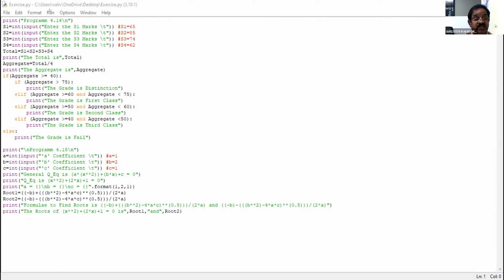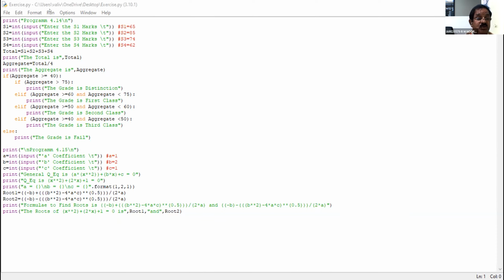So here there is no need to check this particular condition. What I asked is to check whether he has cleared all the subjects. If he has cleared, then only is he eligible to calculate the total and aggregate, then award the grades, or else there is no need to give it, right? And then you have not printed the marks. I think you have printed only the grade. So by executing this program, you will get only the grade.